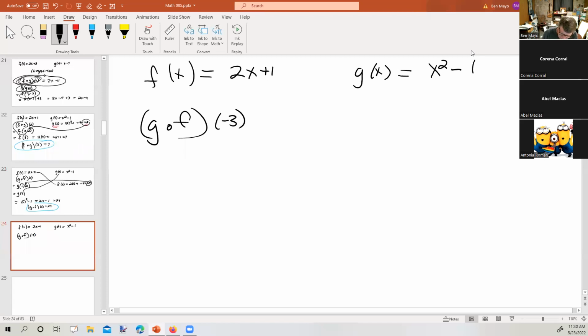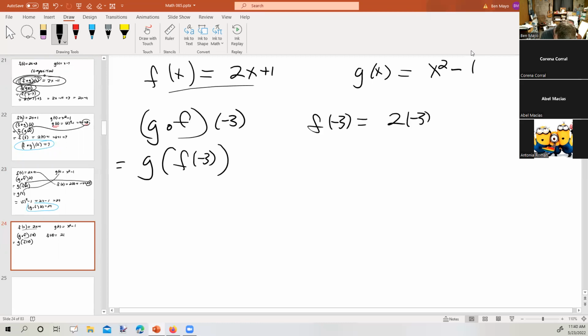So g composed with f of negative 3 equals g of f of negative 3. So putting that up here, what is f of negative 3? That's 2 times negative 3 plus 1, negative 6 plus 1, -5.